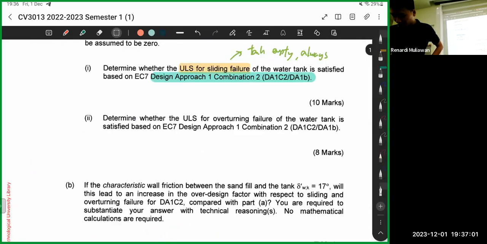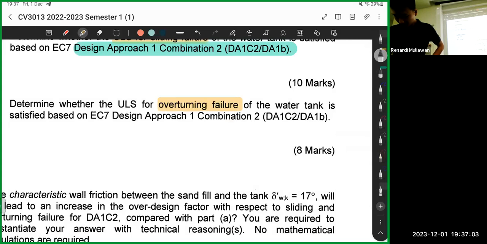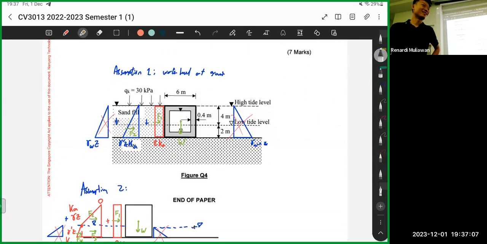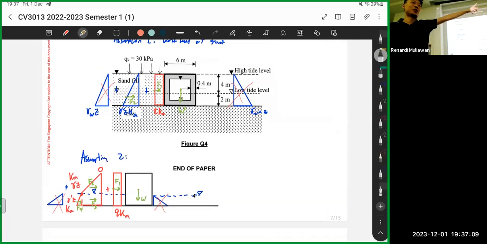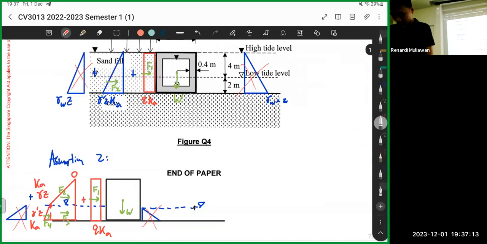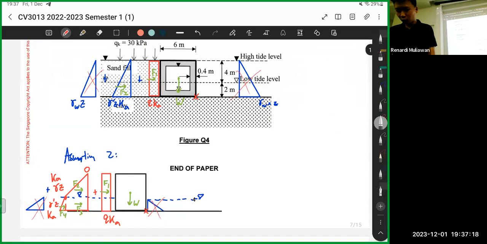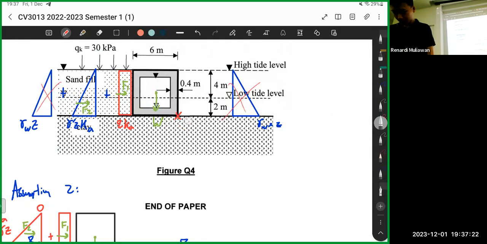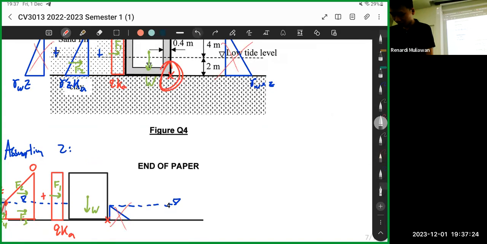So for overturning, the logic is the same. The difference is you just need to find the moments. But the pressure distribution is the same. So you take the moment about this point because that's where the wall tips.